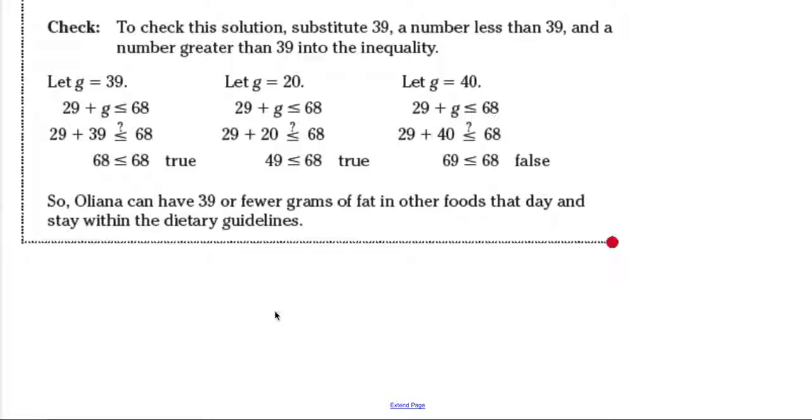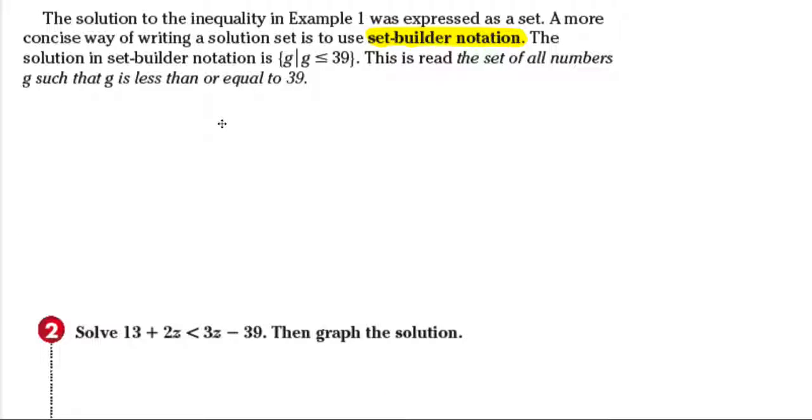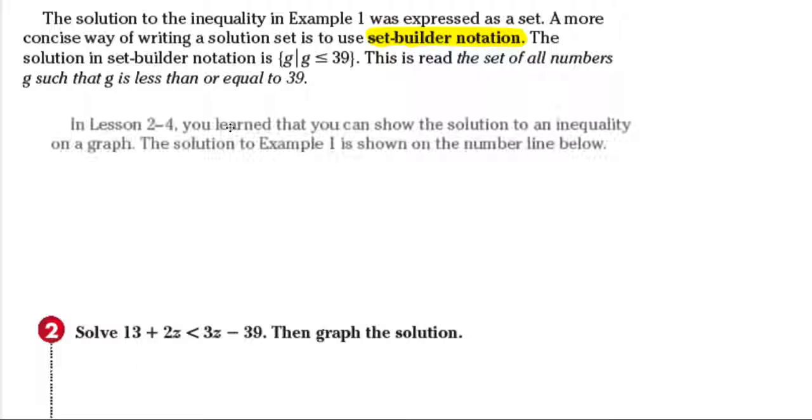So the solution in example 1 was expressed as a set. A more concise way of writing a solution set is what we call set builder notation. The solution in set builder notation is the bracket g, then a bar, then g less than or equal to 39, close bracket.